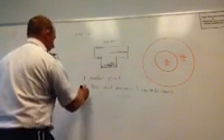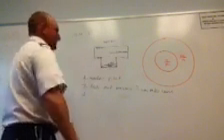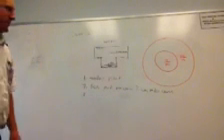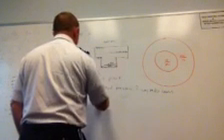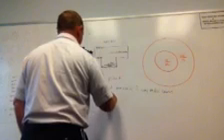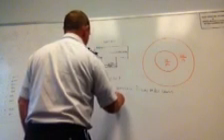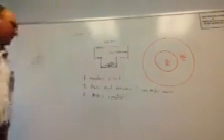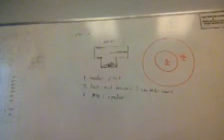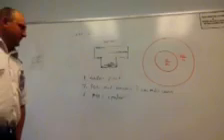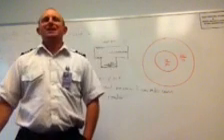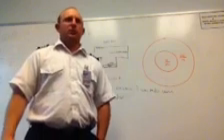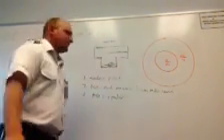Number three, for operations inside the Class Charlie airspace, we need a Mode C transponder. We need a Mode C transponder to operate in the Class Charlie. Also, if we're going to overfly the Class Charlie airspace, we need a Mode C transponder as well. Why is that?